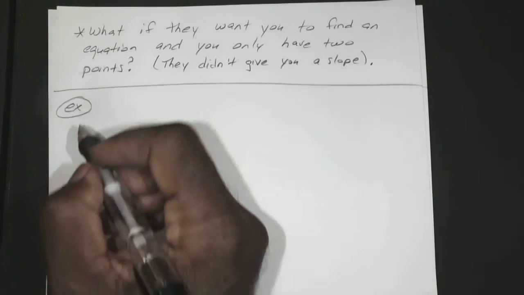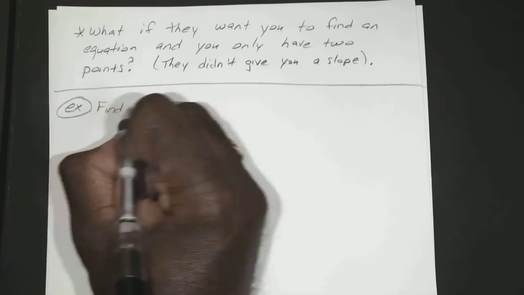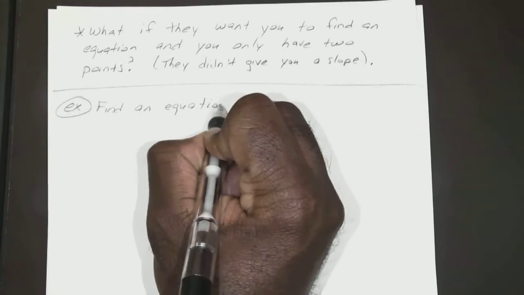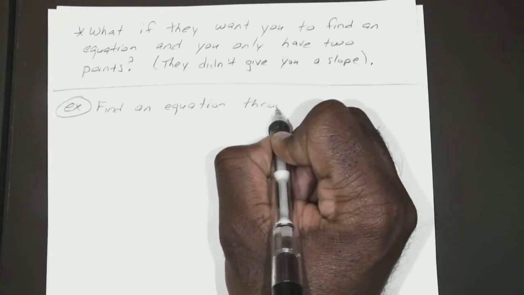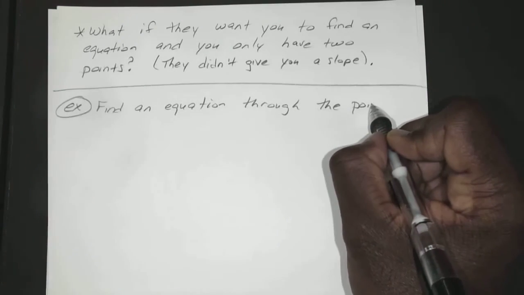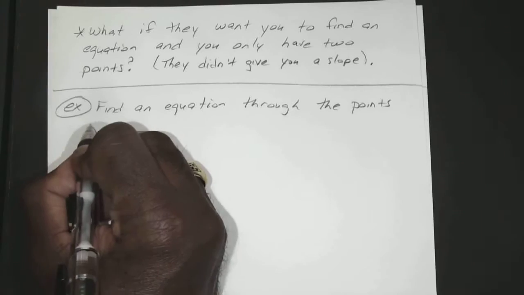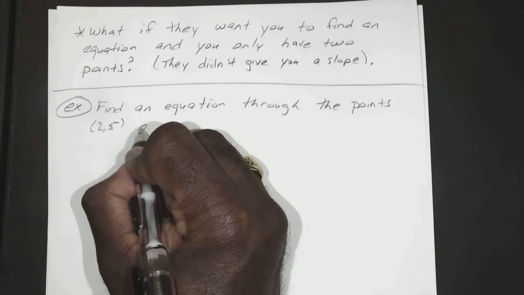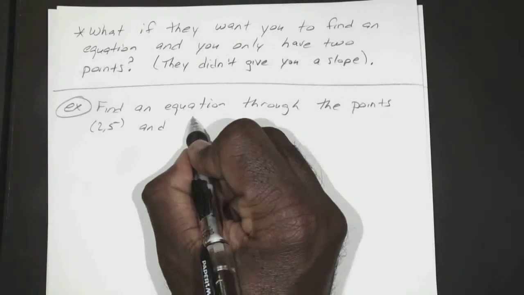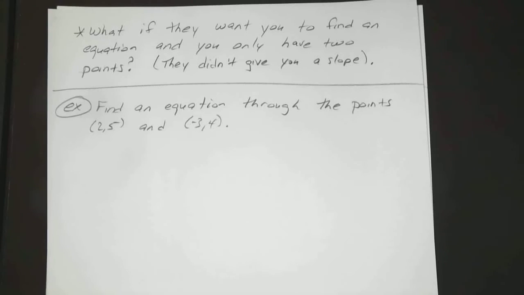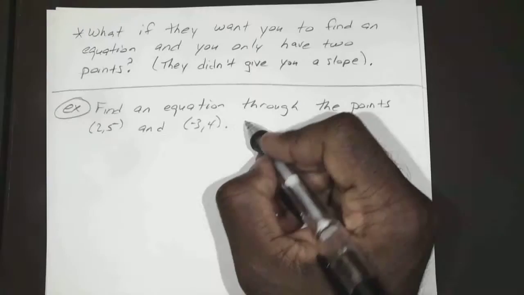So let's say, for example, find an equation through the points say 2, 5 and negative 3, 4. And we want to write that equation in standard form.